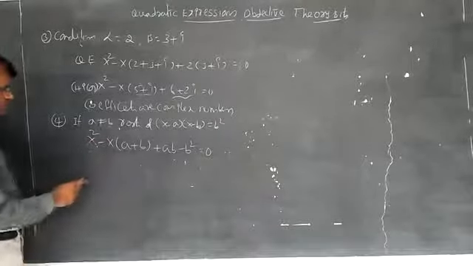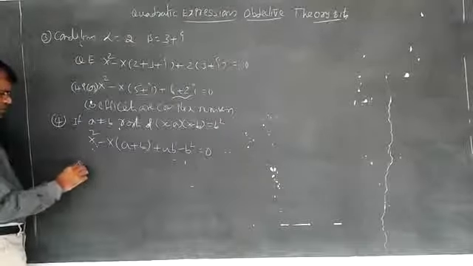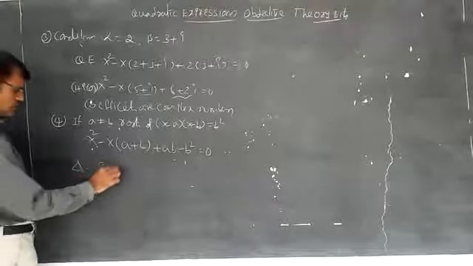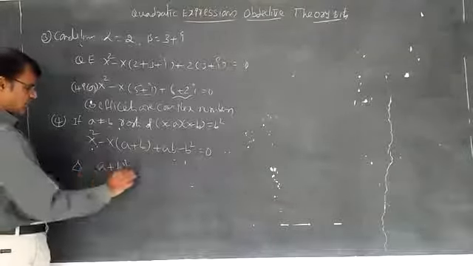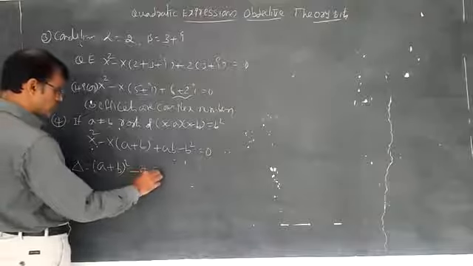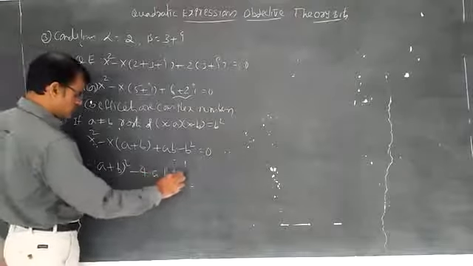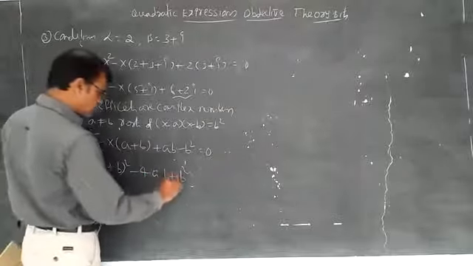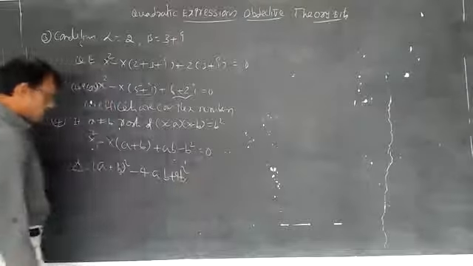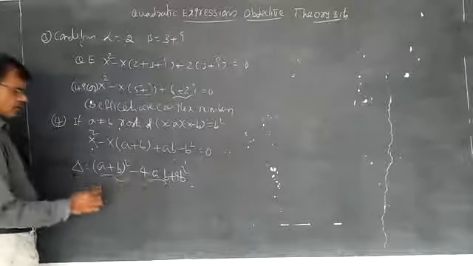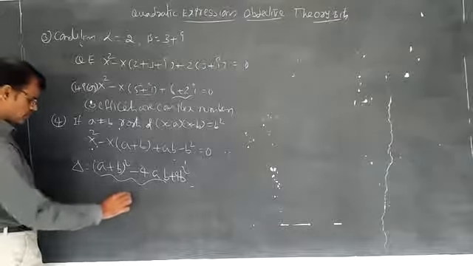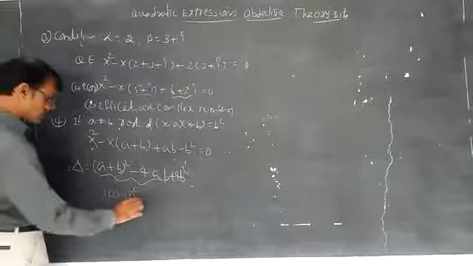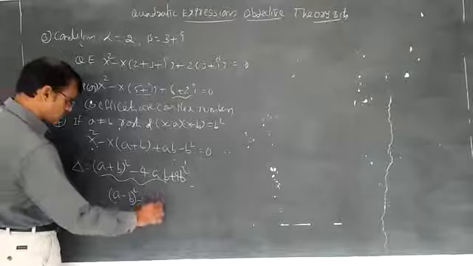He is asking about these roots. You can consider delta; I think we have done this in IB. Delta is (A plus B) whole square minus 4(AB minus B square), that is plus 4B square. Use the formula: (A plus B) whole square minus 4AB is (A minus B) whole square, plus 4B square.